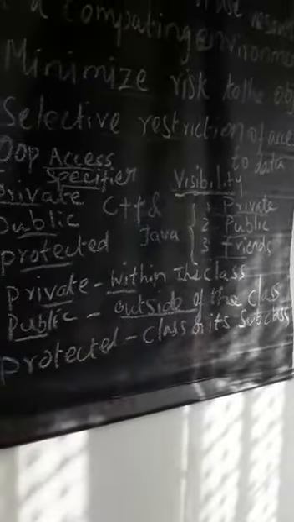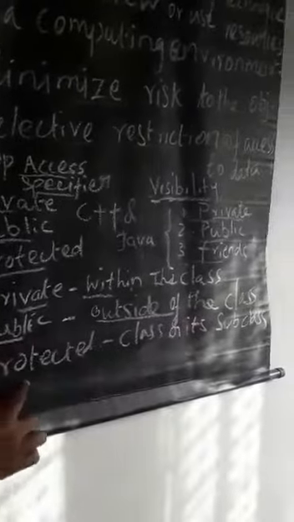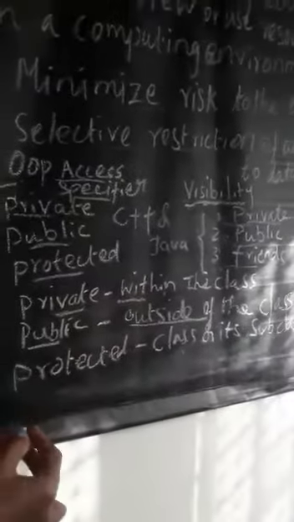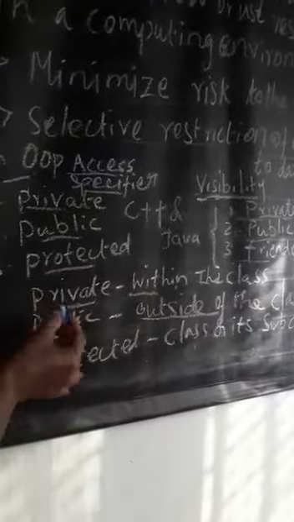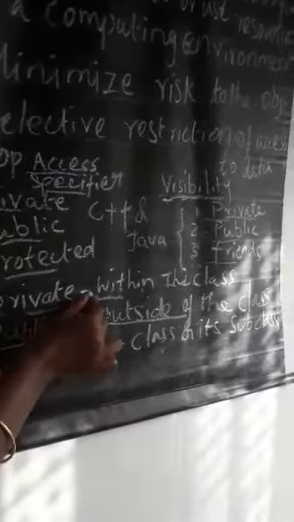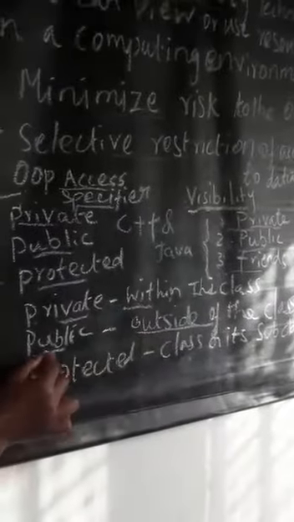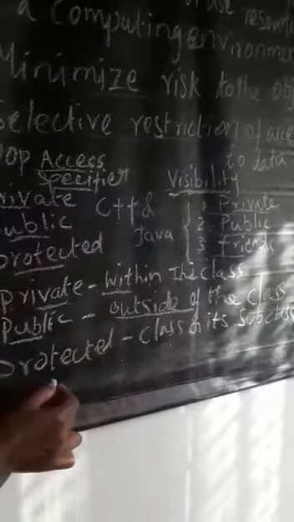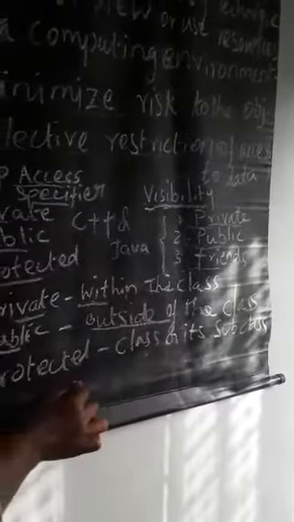Protected data members can be accessed within the class and its subclasses. Once again, private is only within the class, public is outside of all the classes, and protected is within the class and its subclasses.